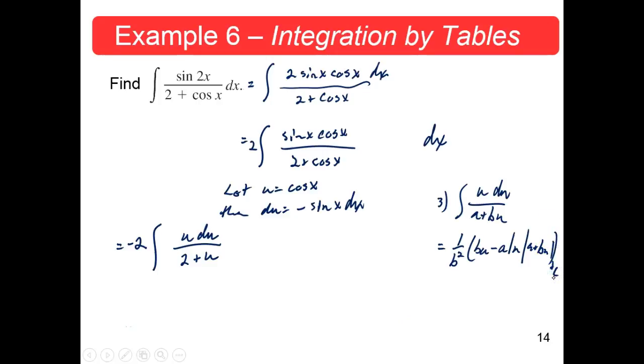Okay? Now, if we're going to use that, our a is obviously 2, and our b is 1.